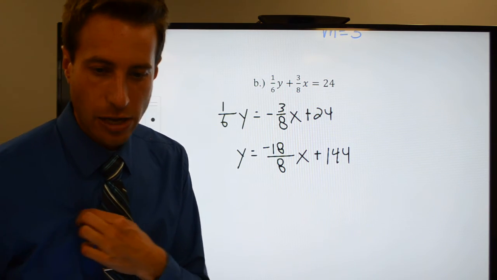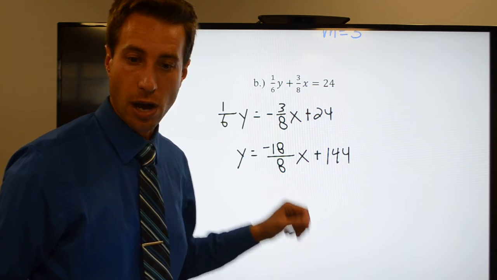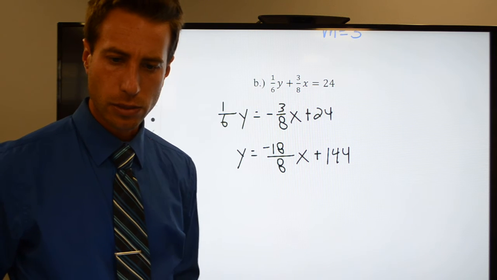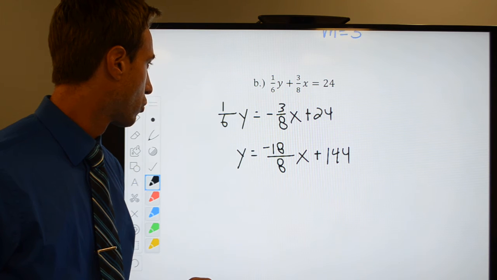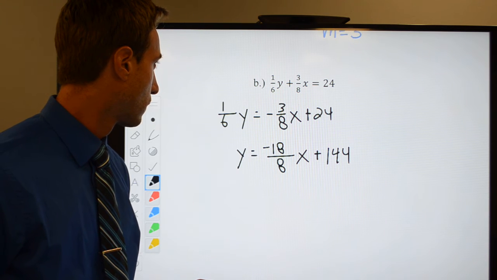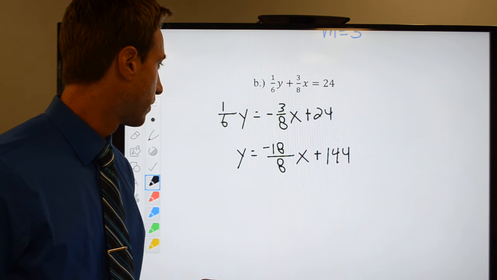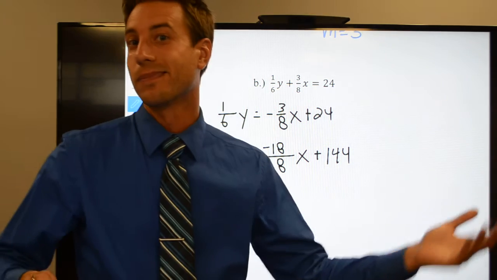Negative 18 over 8 should have a common factor of, what is it going to be? 3. No. Did I do that right? I can divide by, oh, sorry, 2.